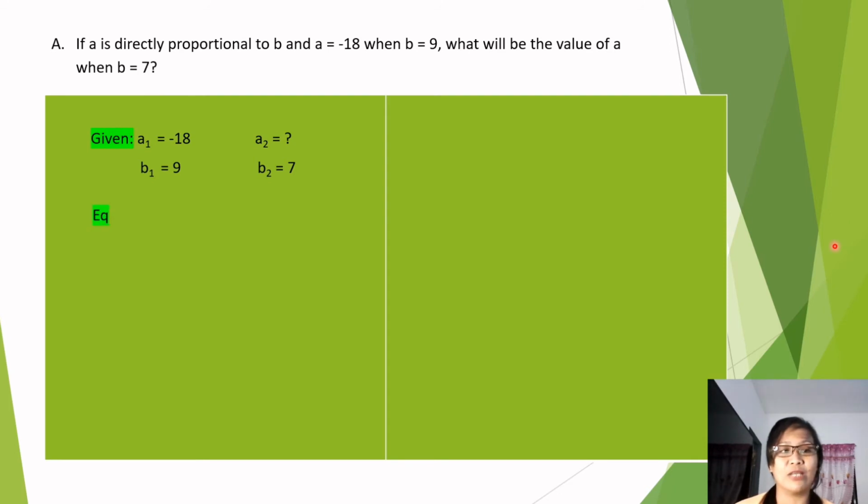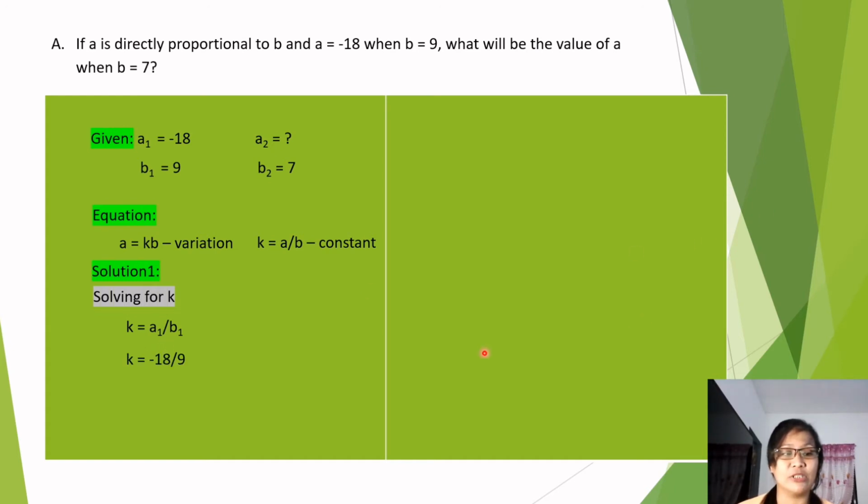Then, of course, our equation for variation, A is equal to kB. Okay, from this, our constant k is equal to A over B. And then for our first solution, finding for k is equal to A sub 1 over B sub 1.